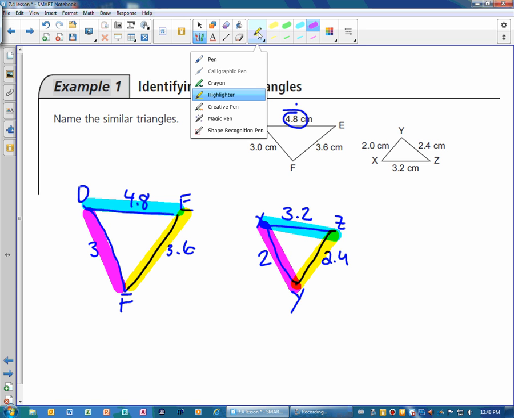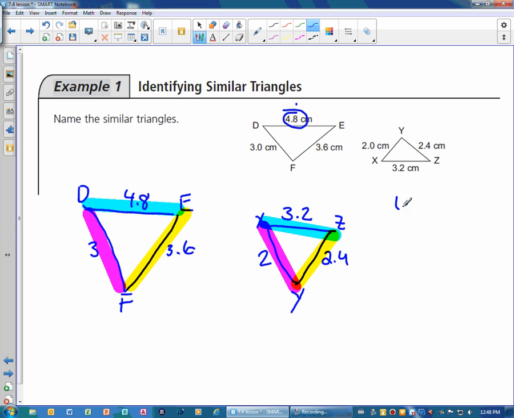So I'm going to take 4.8 and divide by 3.2, which gives me 1.5. Check the next one. 3.6 over 2.4. Again, 1.5. That's looking good. Last one, 3 over 2, we know is 1.5.